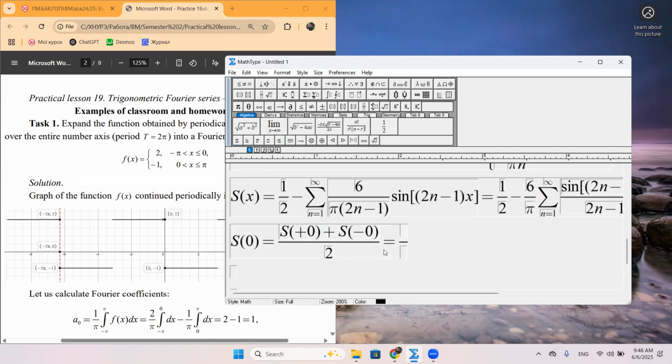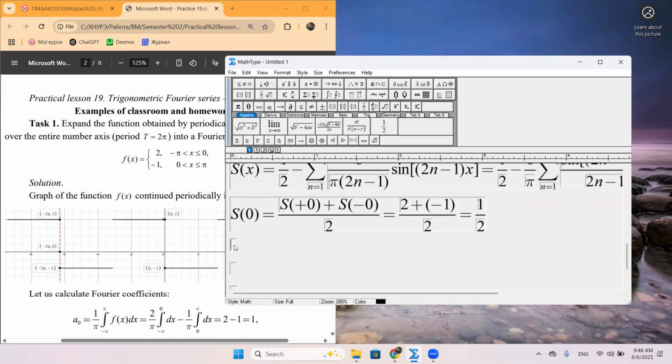So from plus 0 it is 2, and from minus 0 it is minus 1. So we will receive 1 over 2. And what about p? Actually, s from minus p and s from p are equal.